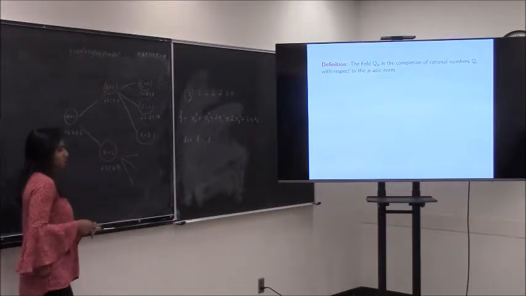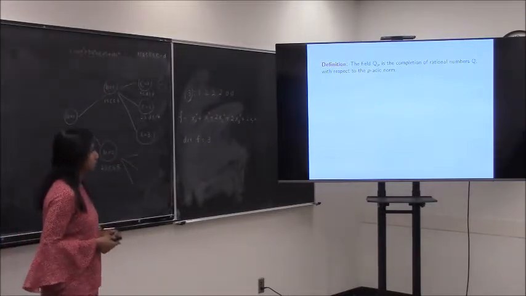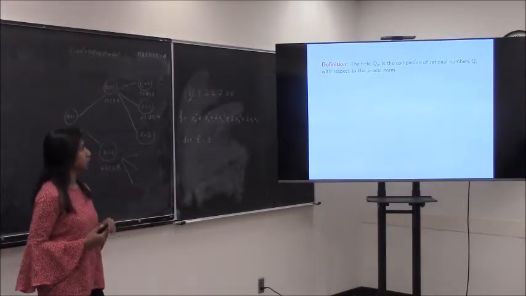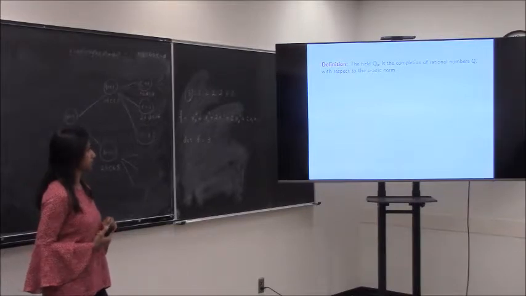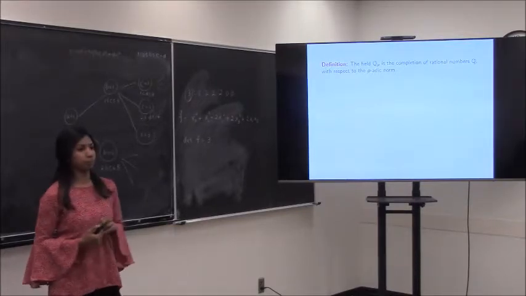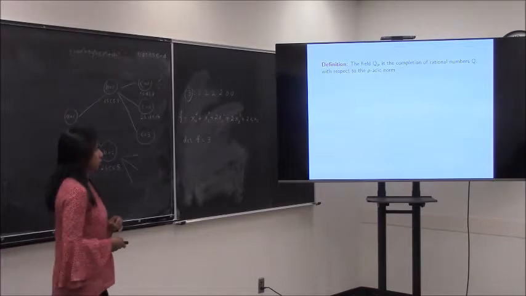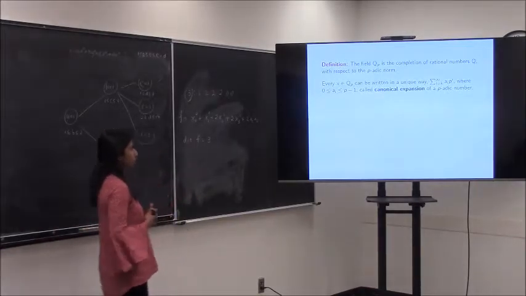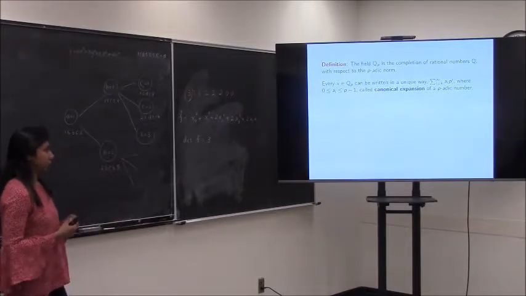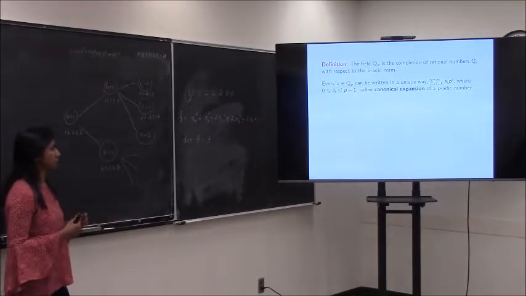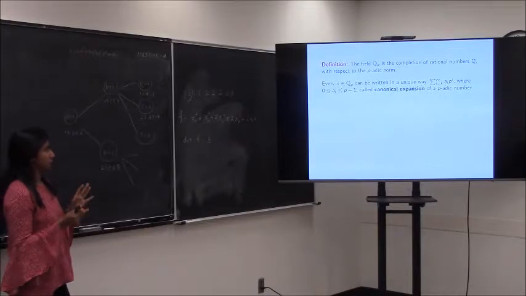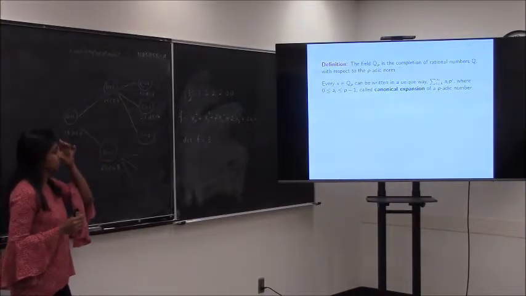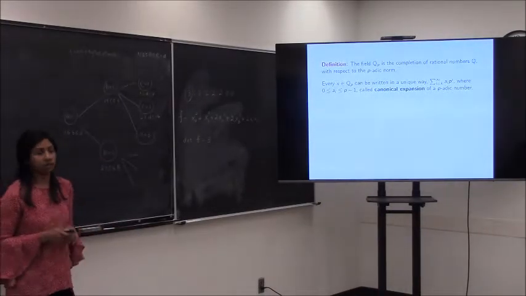You may have seen this Q_p. This field is the completion of the rational numbers Q with respect to the p-adic norm. Any element in Q_p can be written in a unique way as a summation of a_i p^i, where each a_i is between 0 and p minus 1.